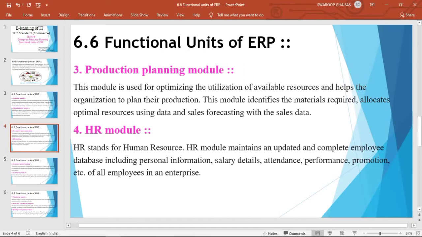This is an updated database having different information on employees like their performance, salary, attendance, promotion, and personal details. All those details of the employees will be available with the help of this module, that is the HR module.